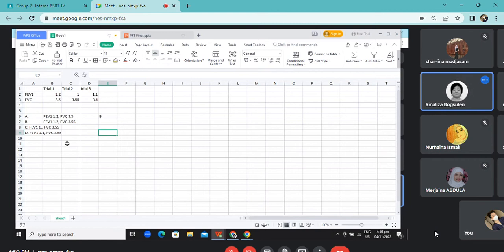How about the rest? Ano kung ito yung na-encounter nyo sa exam? The question is, what is the reported best test? One said letter B. How about the rest?